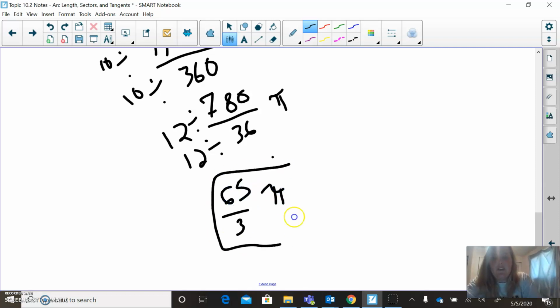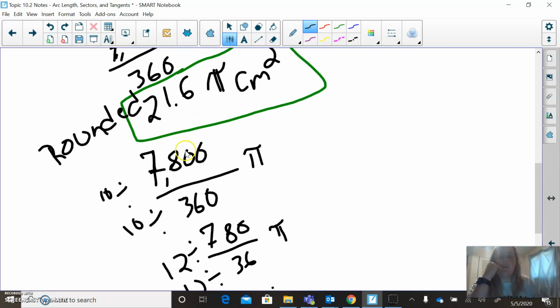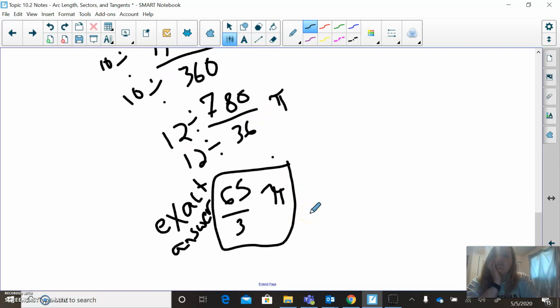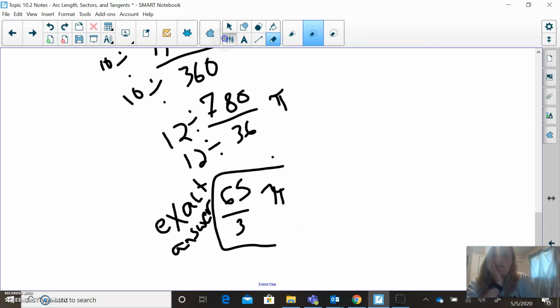So this is the exact answer. The other one was your rounded answer. And I forgot the units, so let me put the units in here. Centimeters squared.